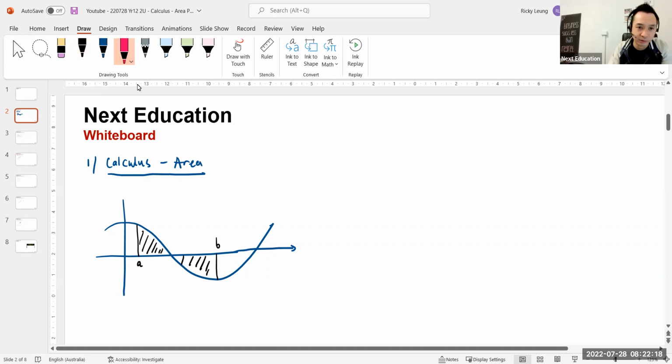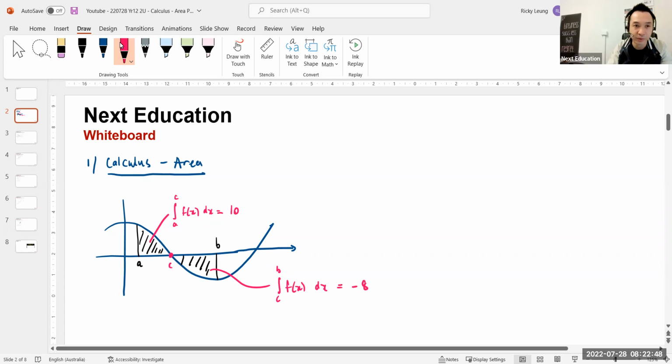So for example, if I found this point here, the x-intercept here, to be C, I might find that the integral from A to C of this function might be, I'm just going to make up a number, positive 10, and then the integral from C to B of the same function might be negative 8, right?